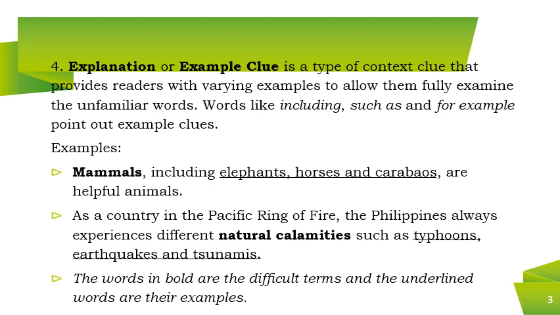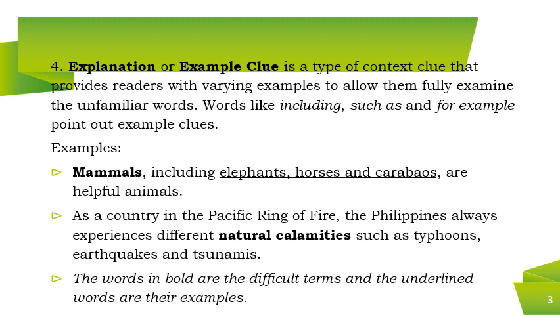The fourth one is the explanation or example clue. Actually, these types are very easy because from the term itself, we can define the meaning. In explanation, the unfamiliar word is being explained. In example, the unfamiliar word is given examples.